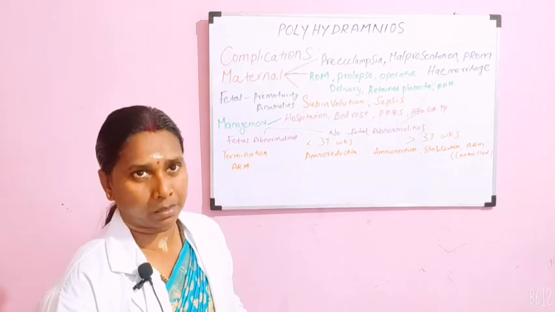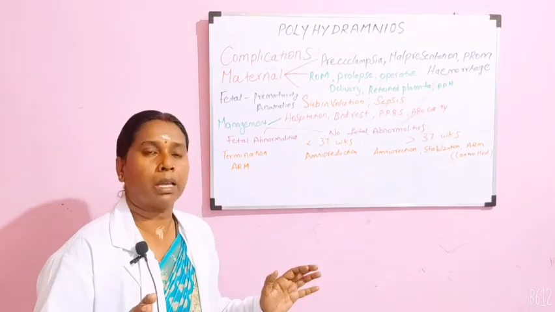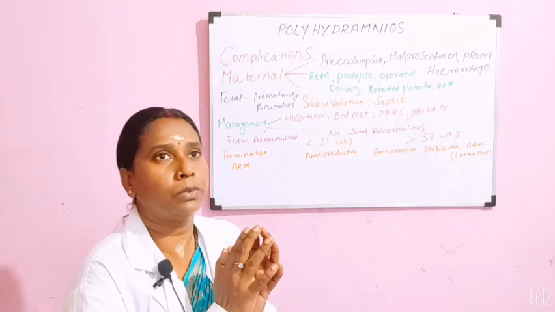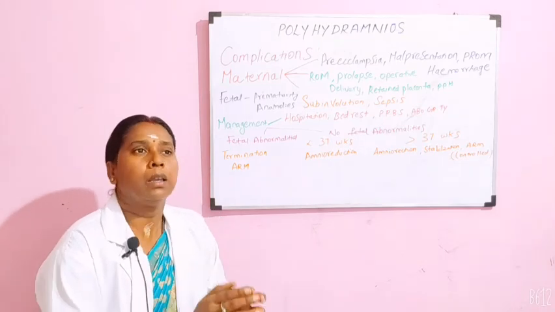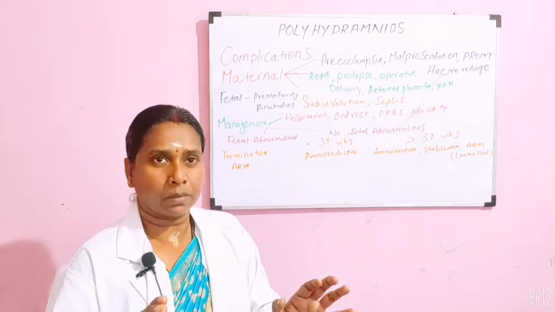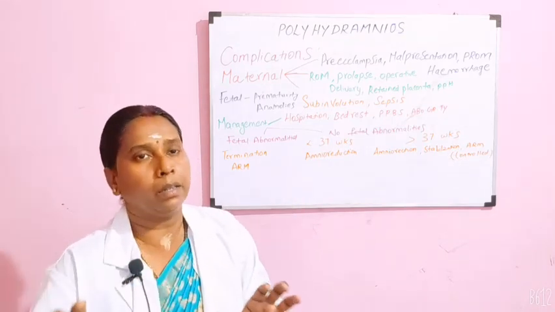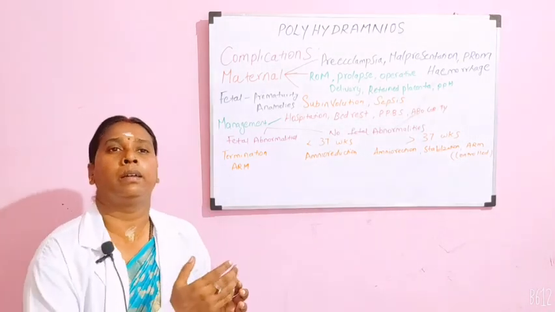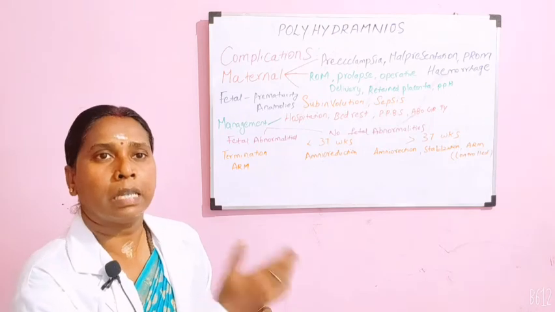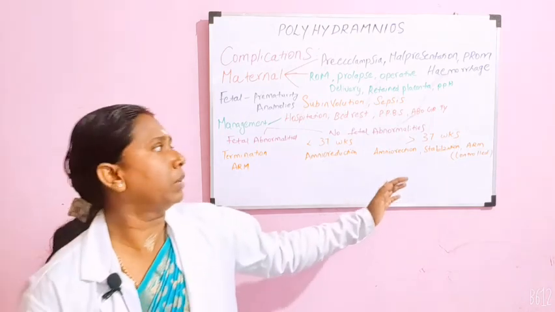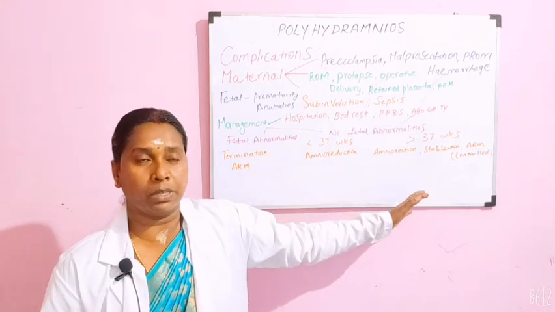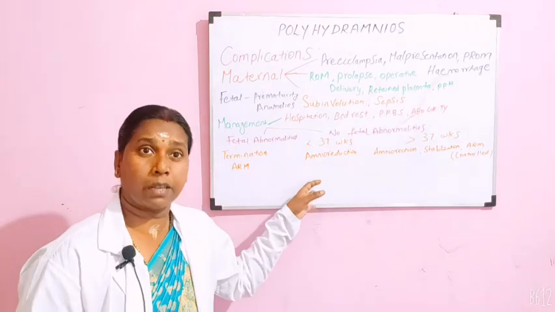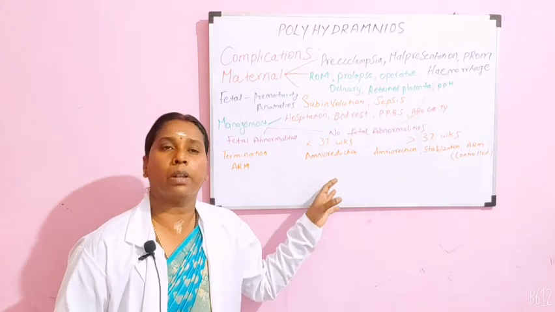In case there is no fetal abnormality and the fetus is normal, you have done an anomaly scan and the baby is fine, so you proceed with the labor process. You have two areas: when the pregnancy is less than 37 weeks and when it is more than 37 weeks. When it is less than 37 weeks, you can go in for amnio reduction.